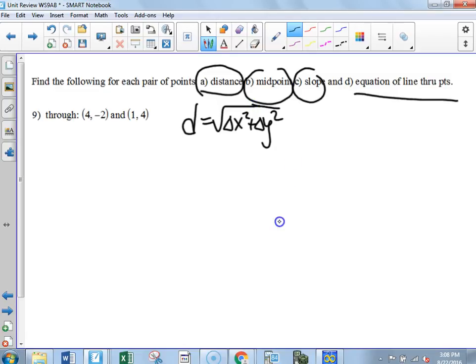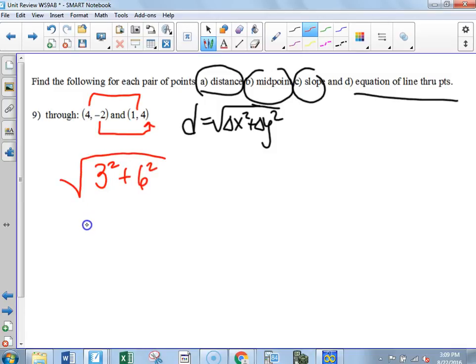So it's like Pythagorean theorem. So if I were doing this question from 4 to 1, the x's are a distance of 3 apart. From negative 2 to positive 4 are a distance of 6 apart. Everybody okay with that? You can subtract them. So we get 9 plus 36 is 45.